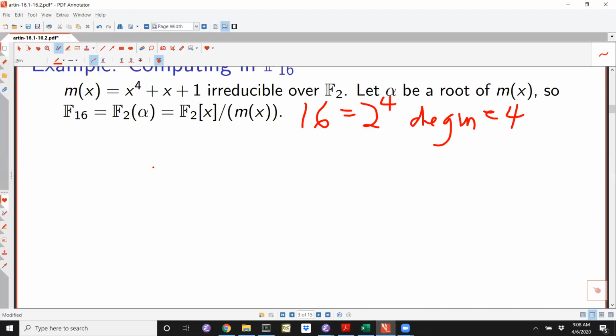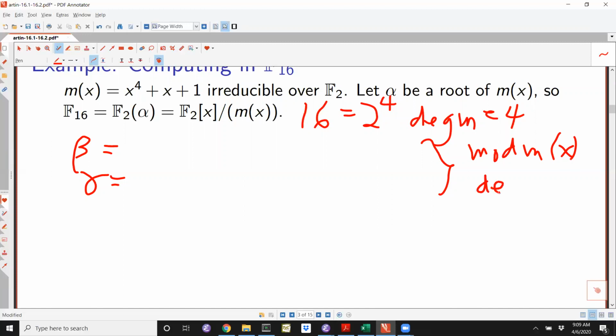And so the question arises, how do you actually compute in this field? How do you write down elements? Well, you may remember that when you work mod m of x, because m of x has degree 4, all polynomials have degree 3 or less.